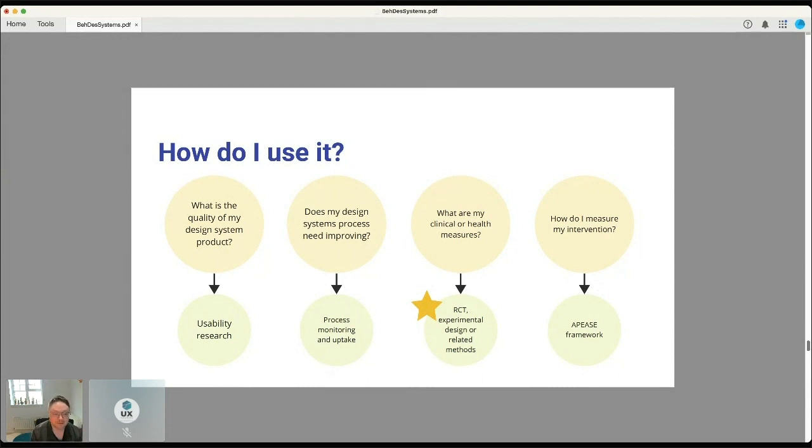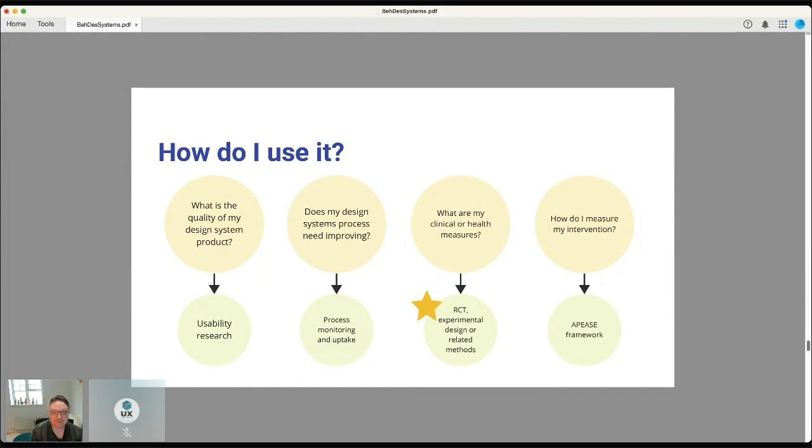Well, we can measure that with process monitoring and uptake as well. I know there's a big movement at the moment in the design systems world to understand the value of design systems. It's exactly the same in behavioral science. I'm responsible for capability development of that in what I'm currently doing professionally, and helping people understand the value of this and monitoring it is key for it to be successful in a commercial setting as well.